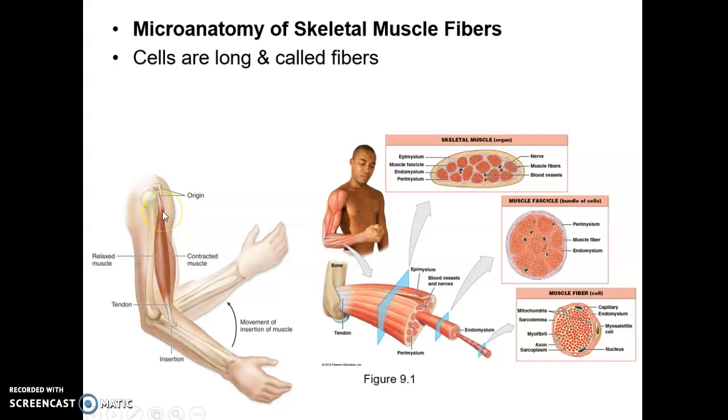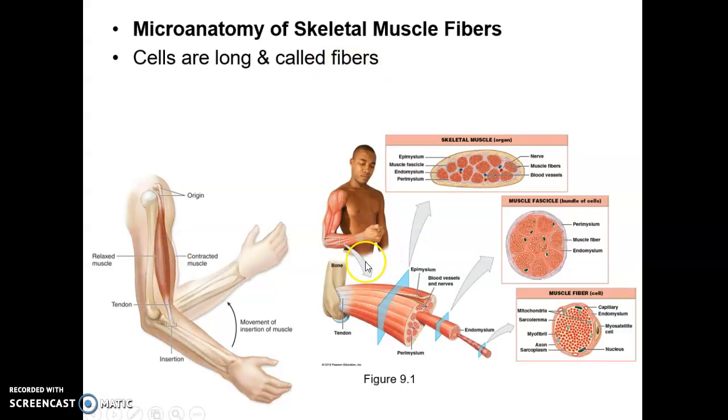So if you have a muscle that's maybe a foot long, like your biceps brachii, there are muscle fibers that run the full length of the muscle. So that's very long for an individual cell, one reason why they're called muscle fibers.